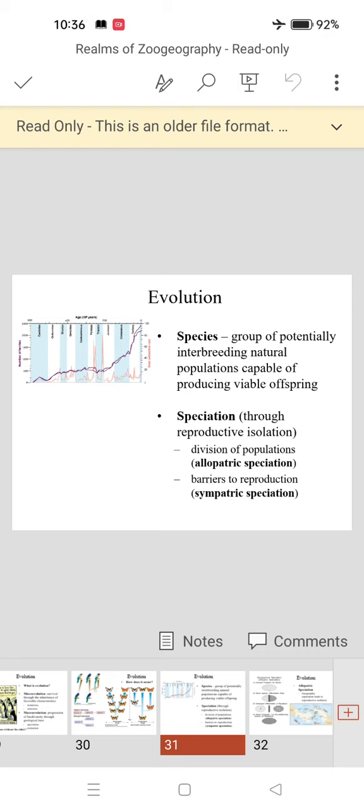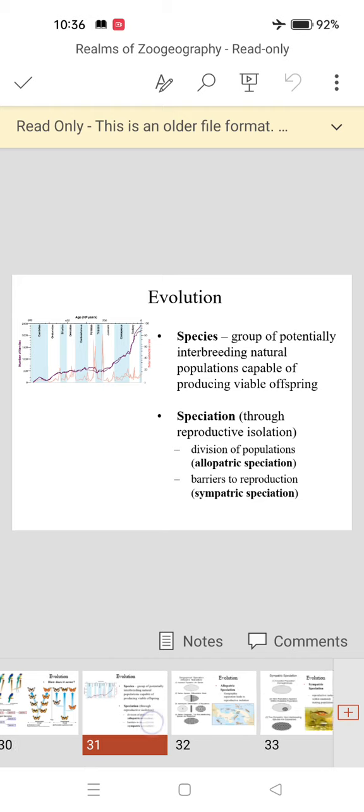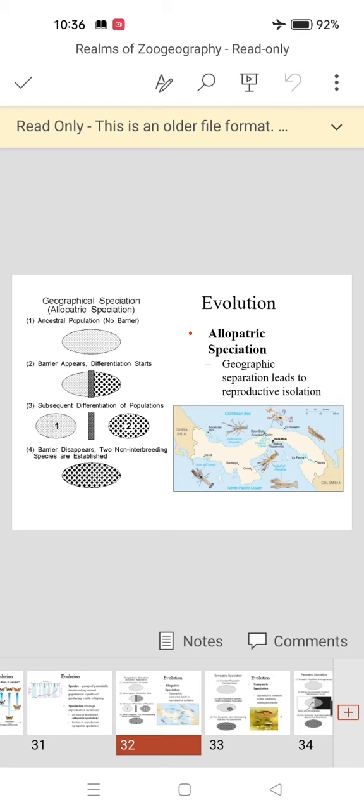Speciation occurs through reproductive isolation and division of populations: allopatric speciation, where there are barriers to reproduction, and sympatric speciation. Allopatric speciation is a geographic separation leading to reproductive isolation: an ancestral population, a barrier, subsequent differentiation, and the barrier disappears.